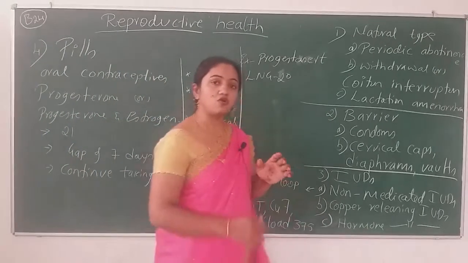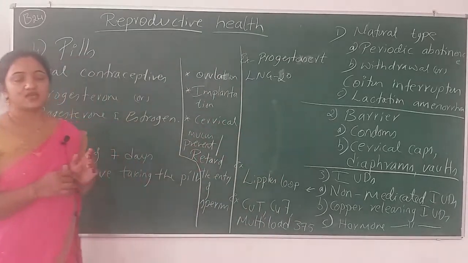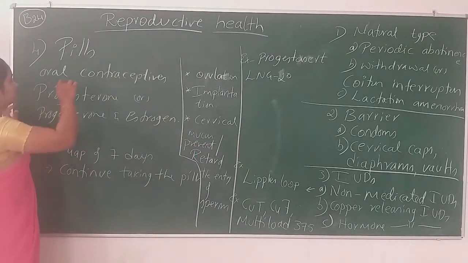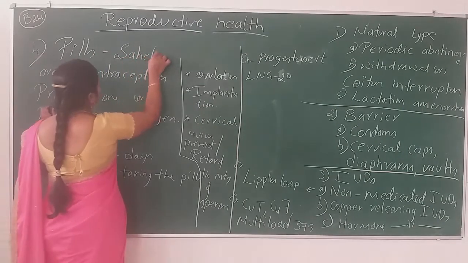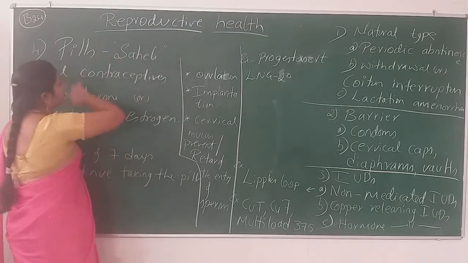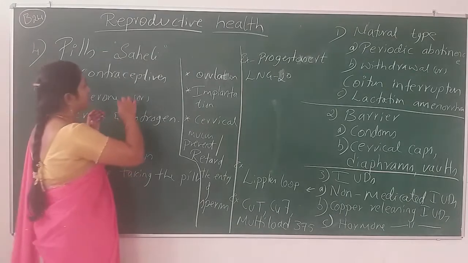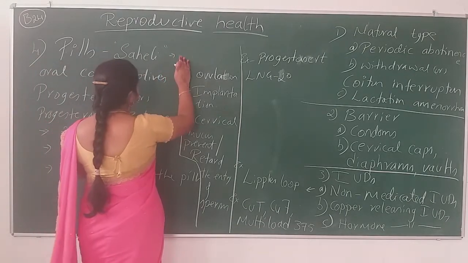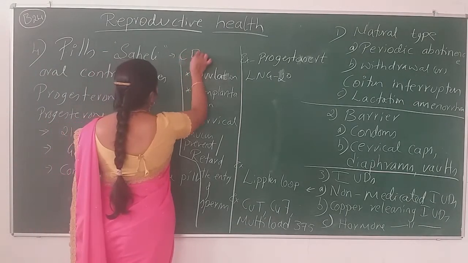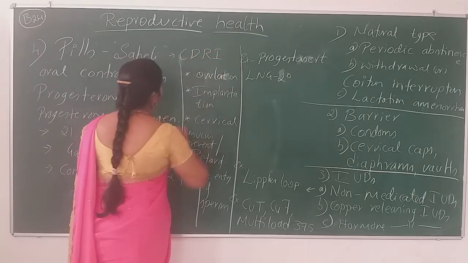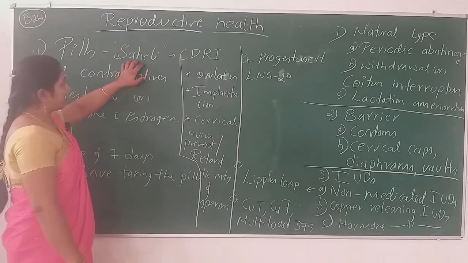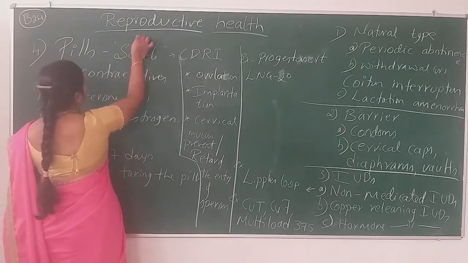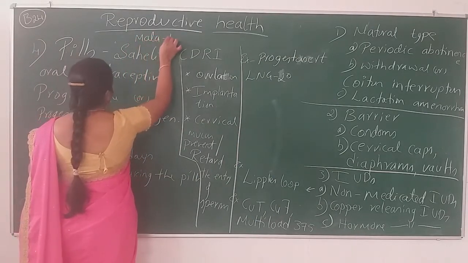In what name are these pills available in the market? It is available in the name of Saheli. This was researched at the Central Drug Research Institute, which is in Lucknow. And one more pill is there in the name of Maladi.